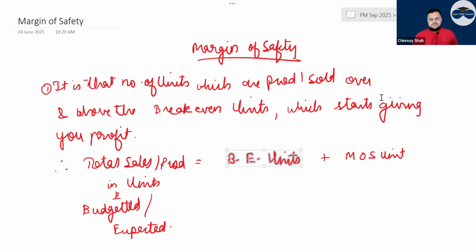Tell me yes or no. Yes, sir. Correct or not? That only means whatever you sell over and above the break even units, on that, whatever contribution is earned is directly profit, because our fixed costs have been covered by the break even units.